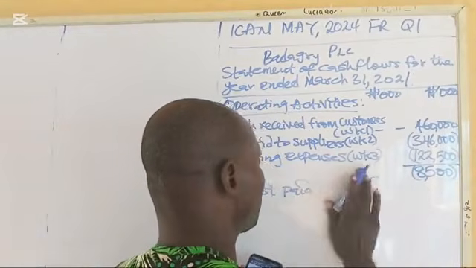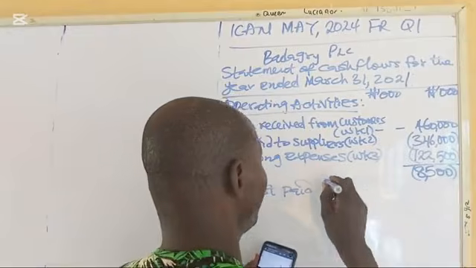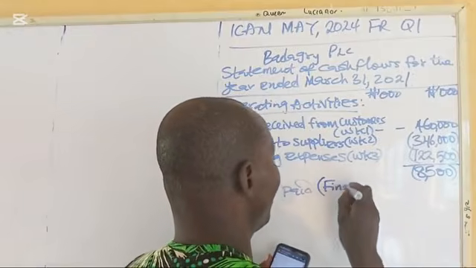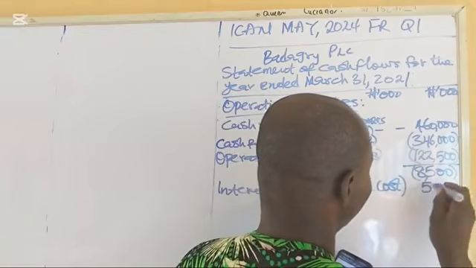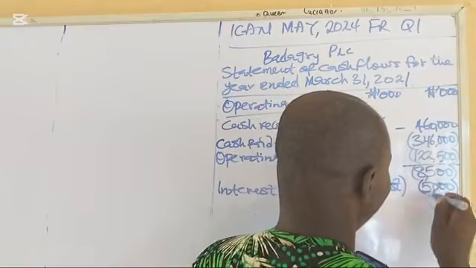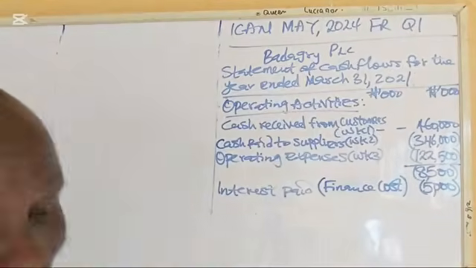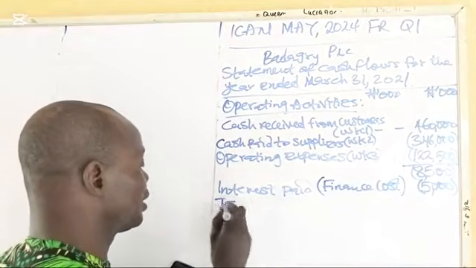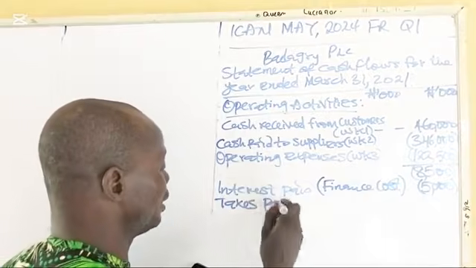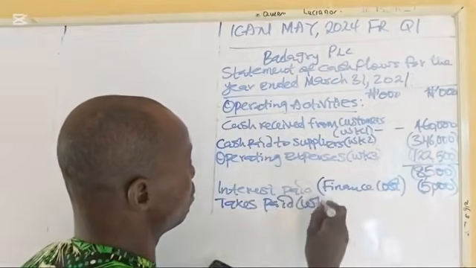No working for this. Finance cost of 5,000. The next item should be what? Taxes paid. That is working number 4.